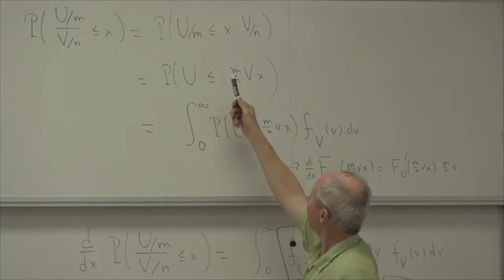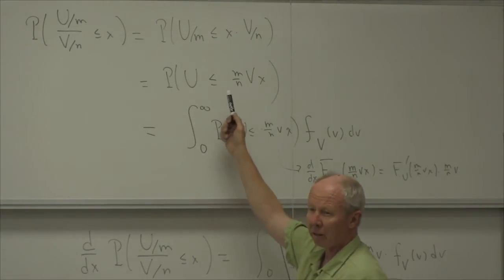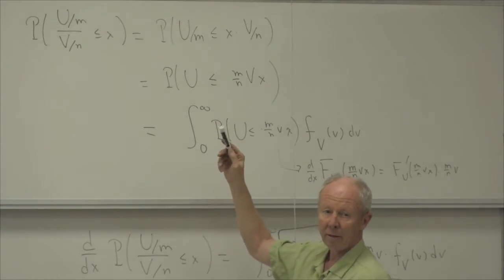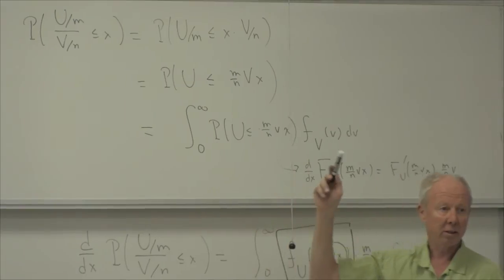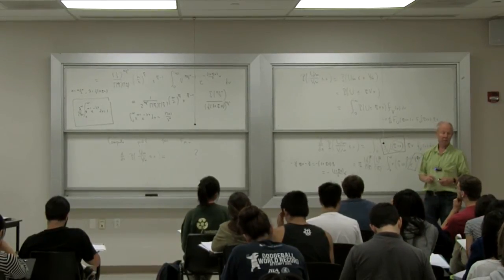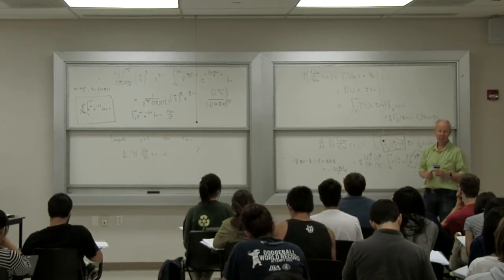And then you have to express this as the probability that the pair UV lies in some region. In this case, it would be above a line. And then you integrate the joint density for the pair over the region above the line. And if they're independent, the joint density factors.